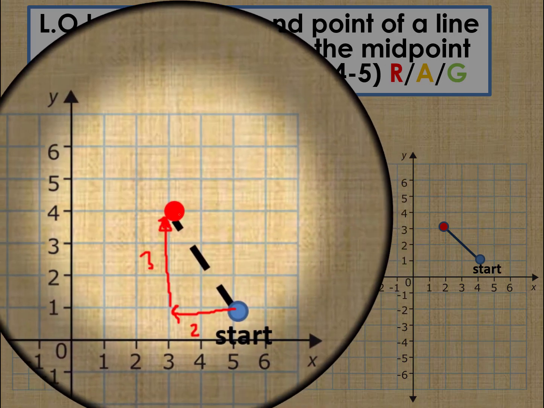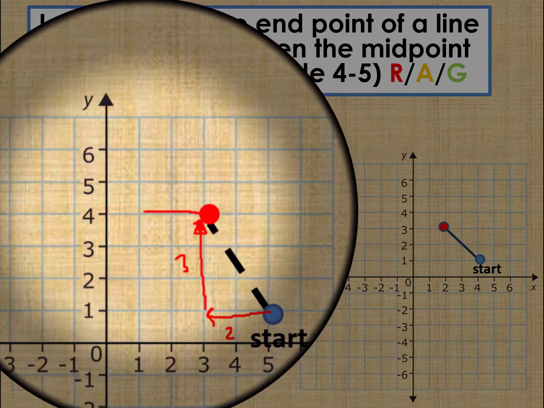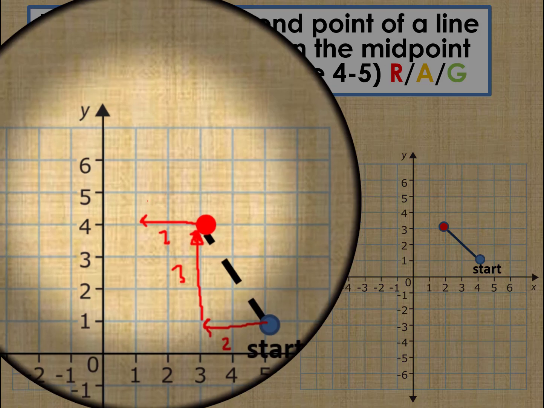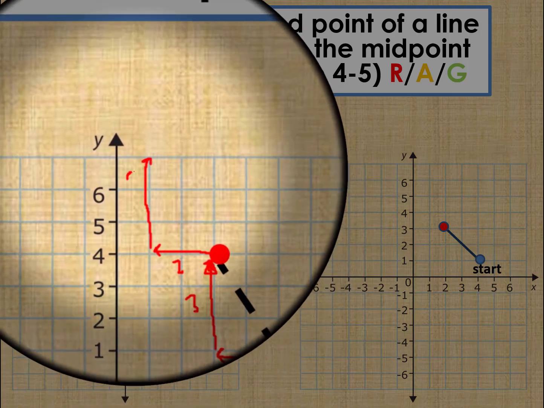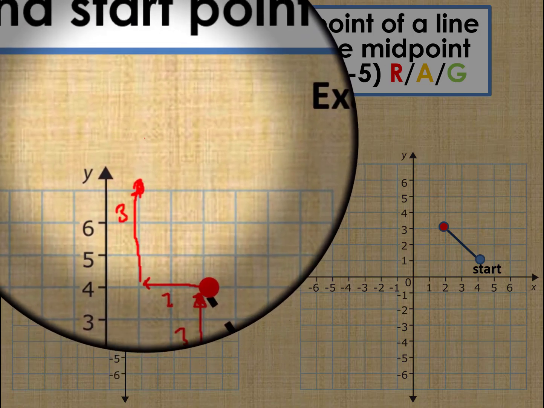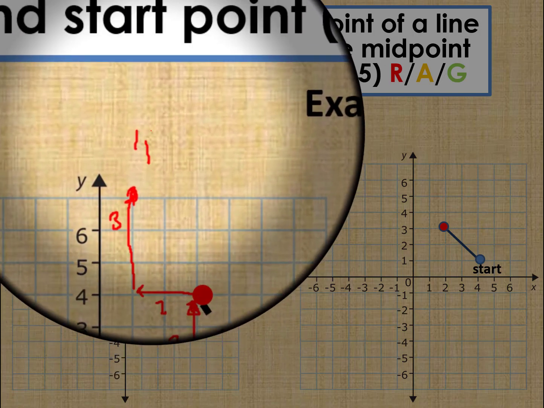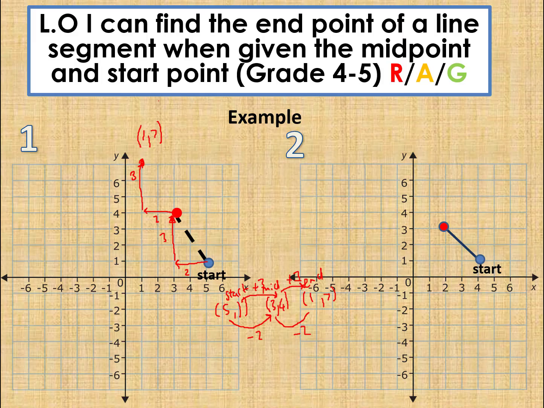And if that's the start point, that's the midpoint, then it must follow the same pattern for the end point. So it's going to go left 2 again and up 3 to be here. And you can see that that coordinate is 1, 7. It's the same answer we got here.